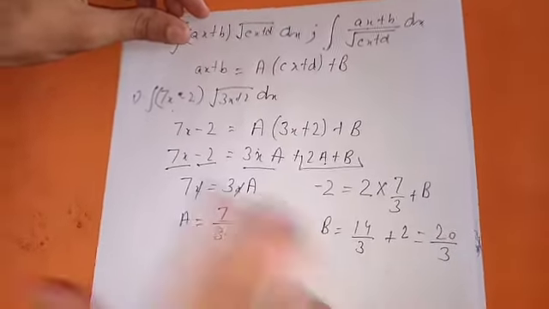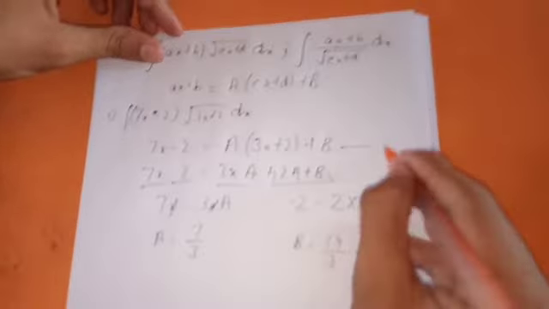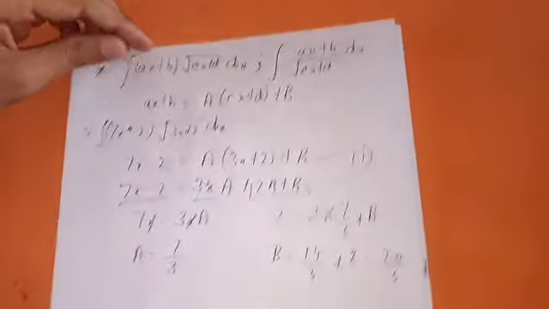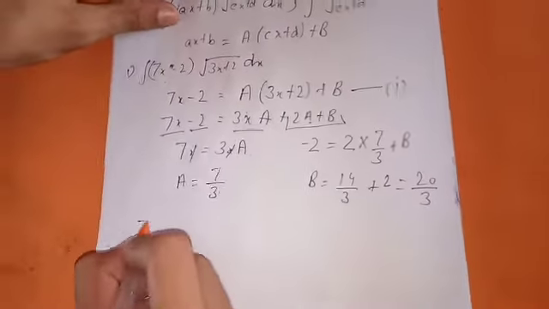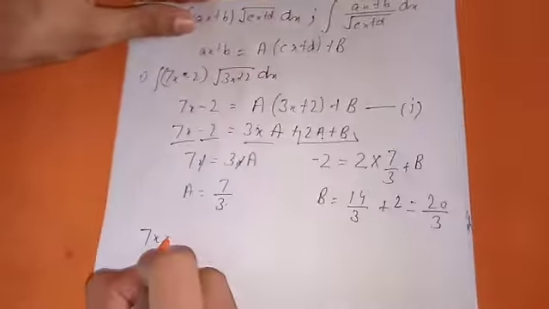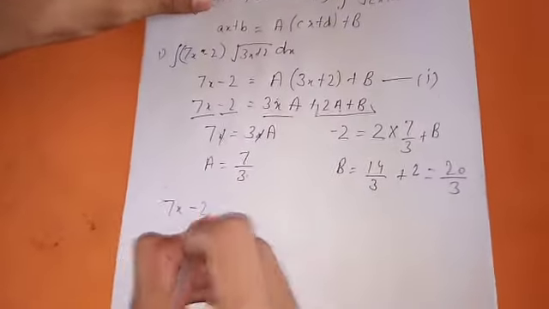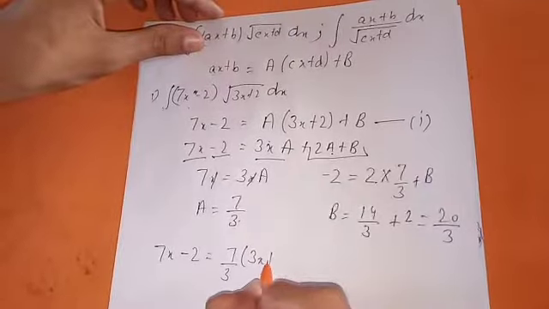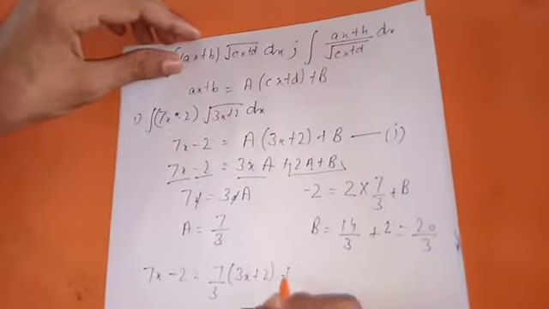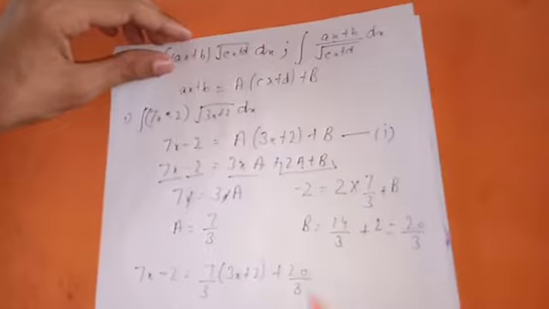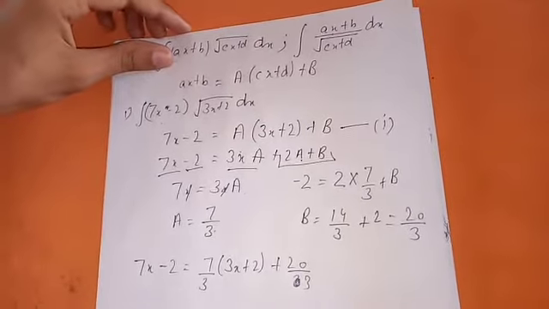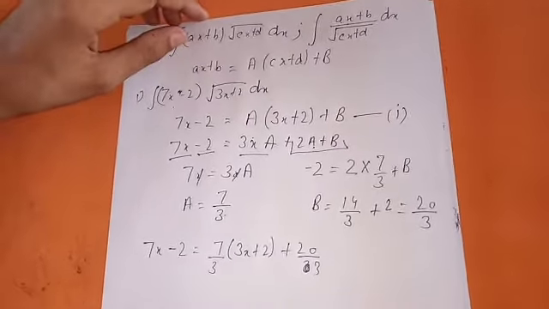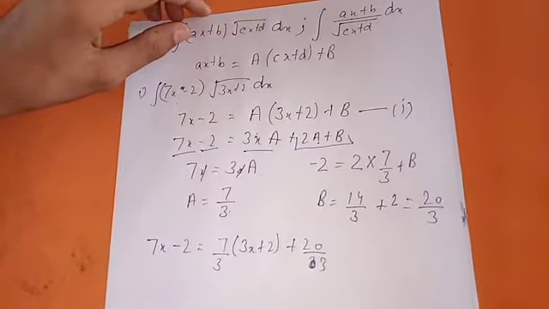Now we can keep these values of a and b in our first equation. So 7x minus 2 is equal to 7 by 3 into (3x plus 2) plus b.